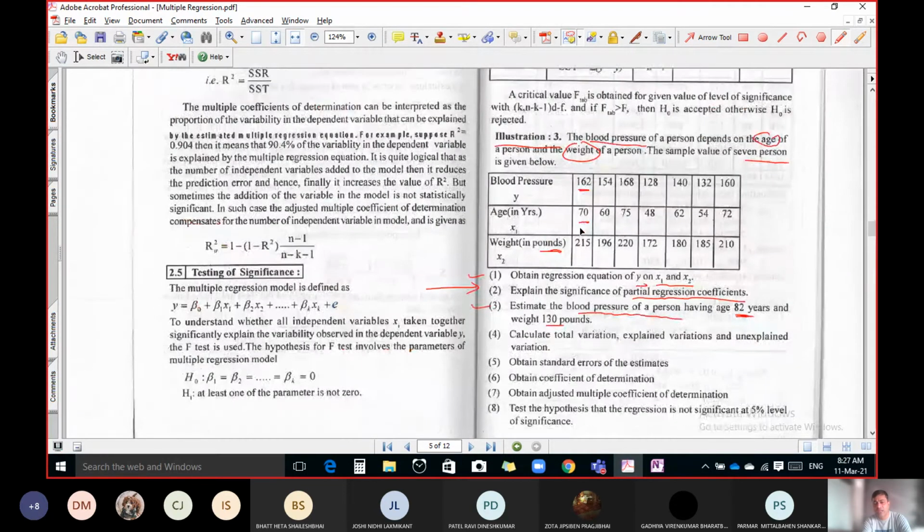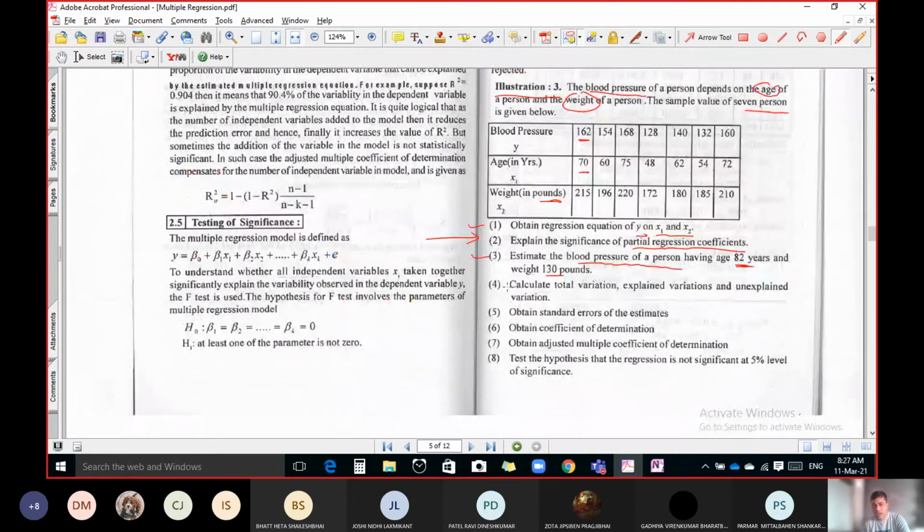Now the next one is a new part, and you have to learn all these three. Fourth one: calculate total variation, explained variation, and unexplained variation. Now how to obtain this total variation?